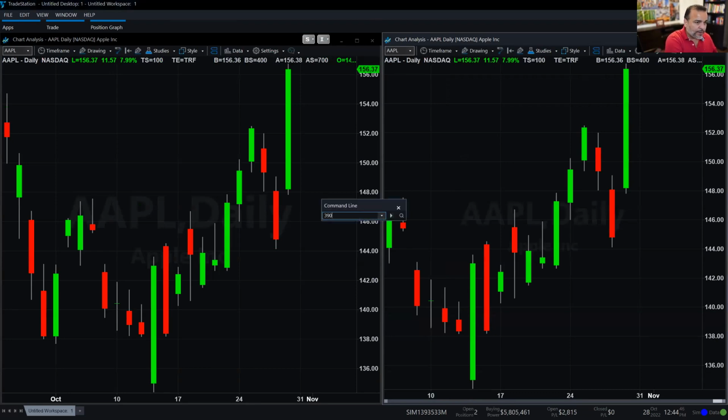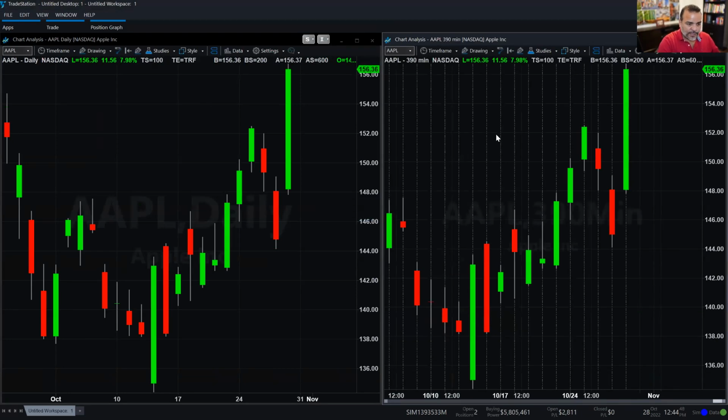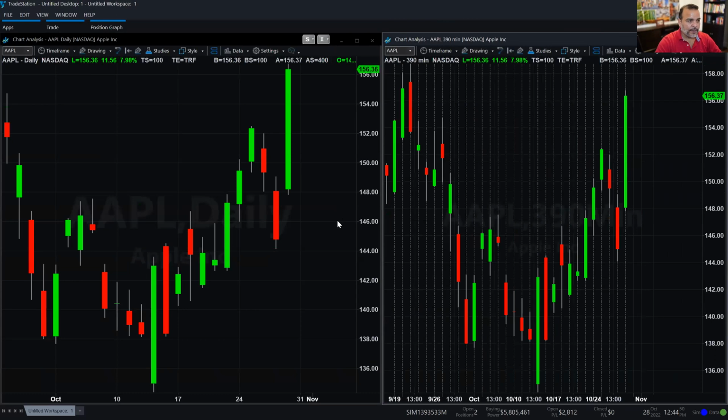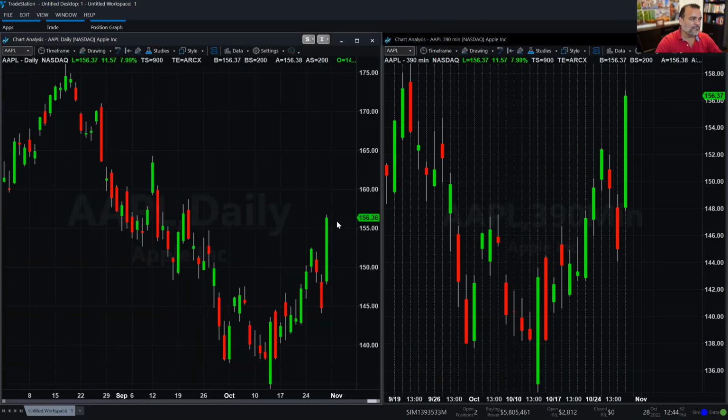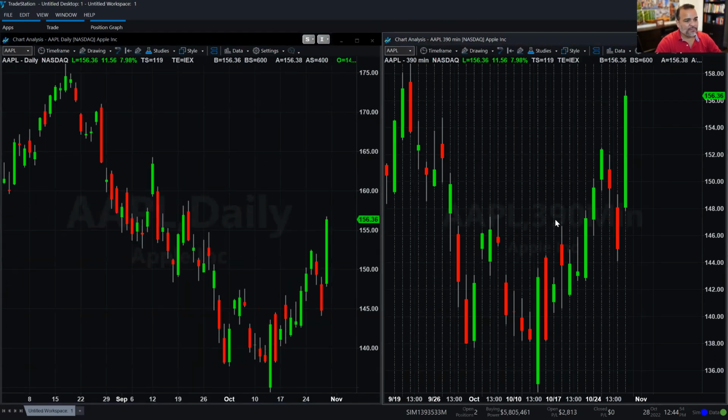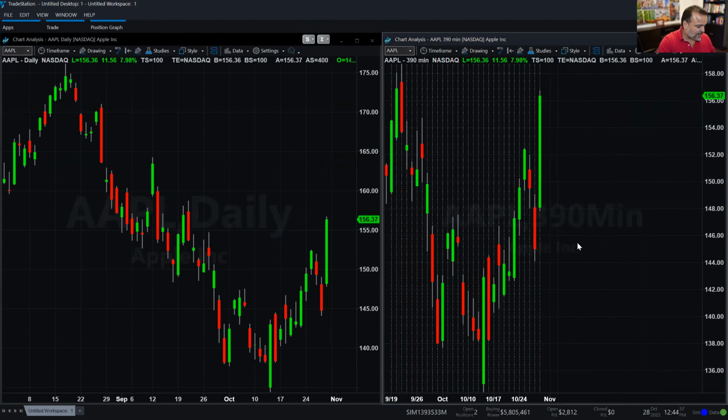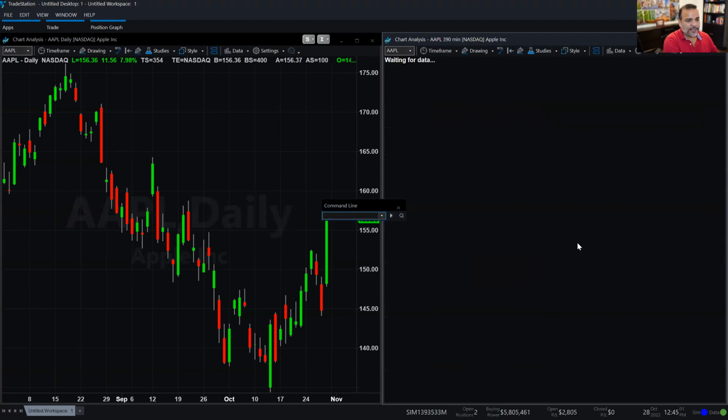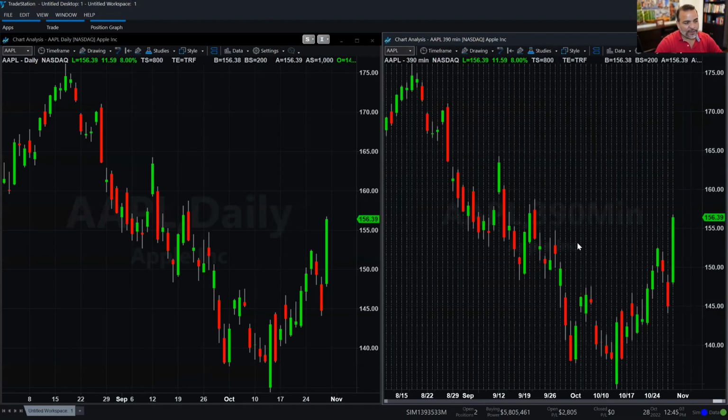I'm going to go to a 390-minute chart on this right-hand side. Okay, so the charts look, this needs more data. I want to do 30 days, 60 days. Okay, so they look rather similar. Of course, this one has more session breaks because I'm splitting up the day that way.